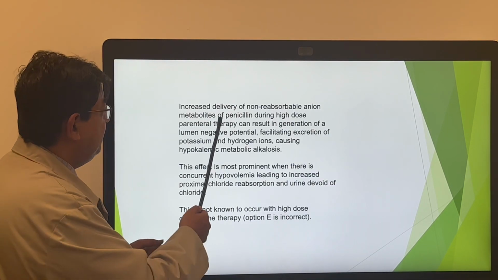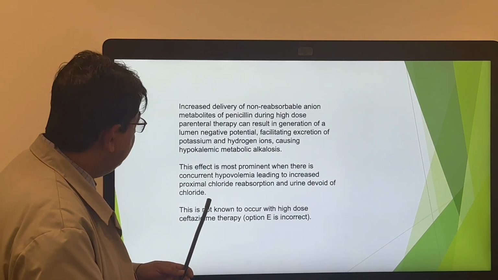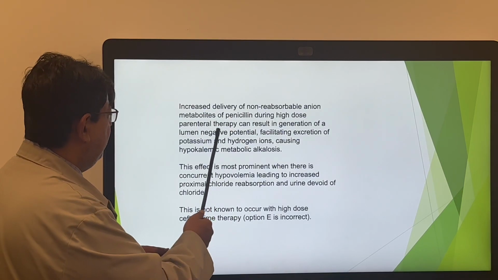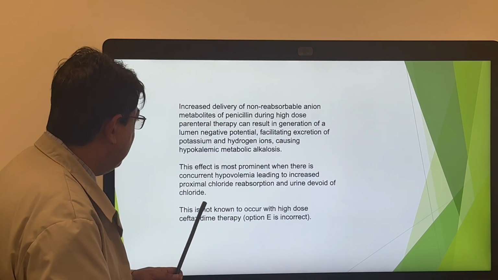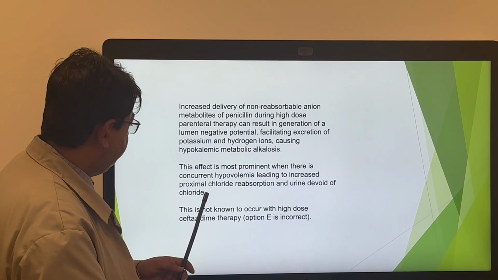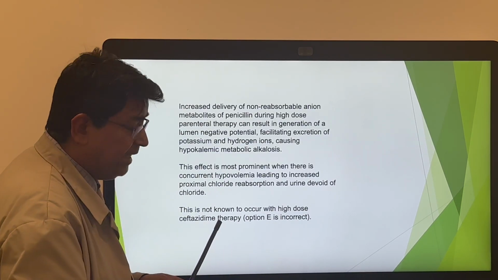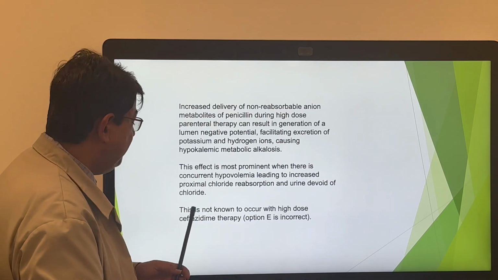Similarly, penicillins can act as non-reabsorbable anions, and that can result in excretion of potassium and hydrogen ions, causing hypokalemic metabolic alkalosis. This is not known to occur with ceftazidime. Our question mentioned ceftazidime, but did not mention penicillins.